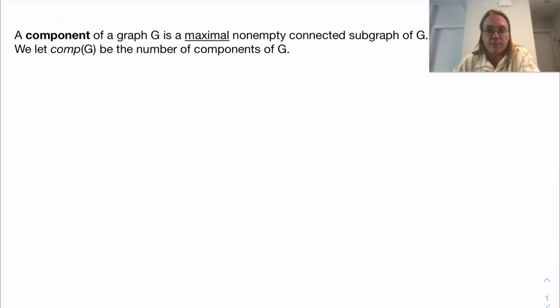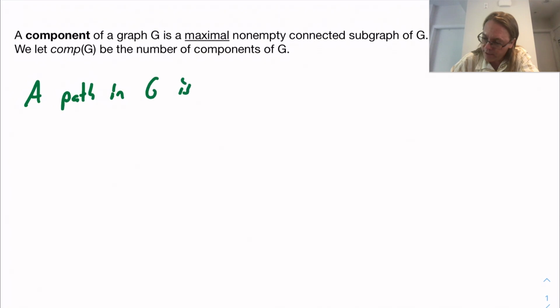Let's talk about maximal paths. A path in G is maximal if you cannot enlarge it and still be a path.